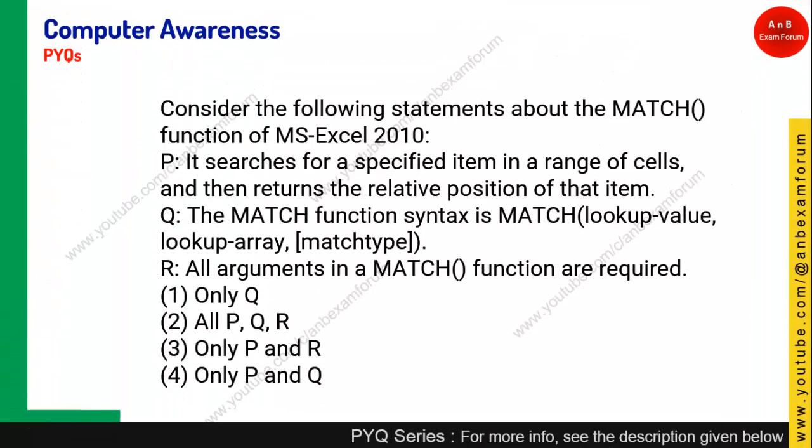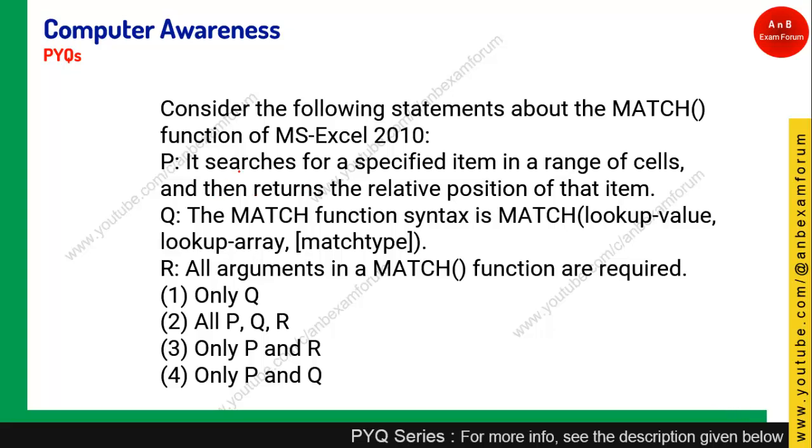Let's see the 20th question for today. Consider the following statements about the MATCH function in MS Excel 2010. It searches for the specified item in a cell range and returns the relative position of that item. Yes, it is correct. The MATCH function syntax is MATCH(lookup_value, lookup_array, match_type). Yes, it is also correct.